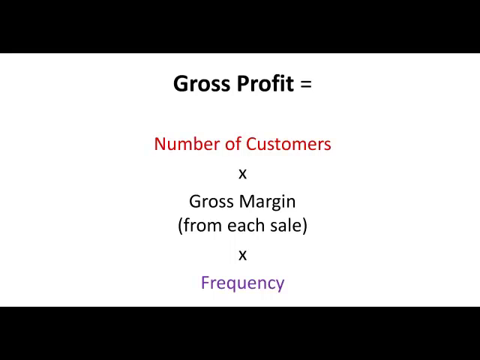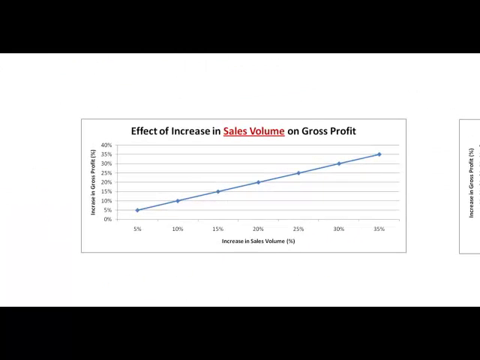The only way to increase your gross profit is to increase the number of customers and or your gross margin and or the frequency, which is the number of times people buy from you. Let's take a closer look at this. So let's suppose that you increased your sales volume. In other words, you have more buyers by 15%. Okay, you increase your sales volume by 15%, and your revenue and gross profit will therefore increase by 15%.